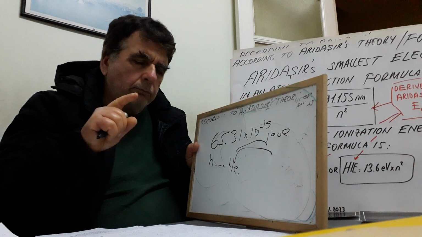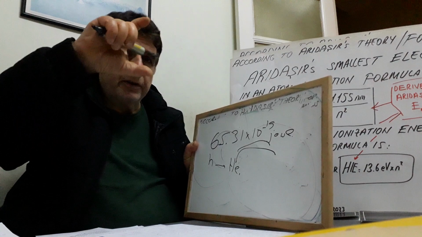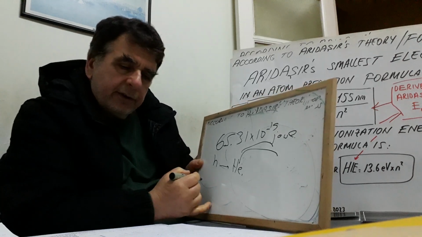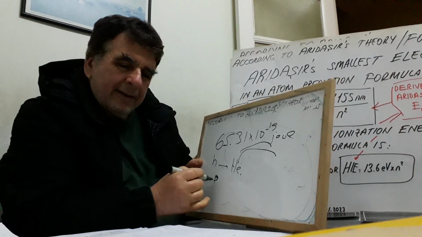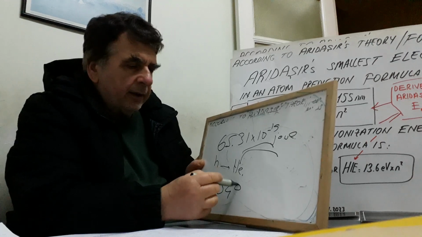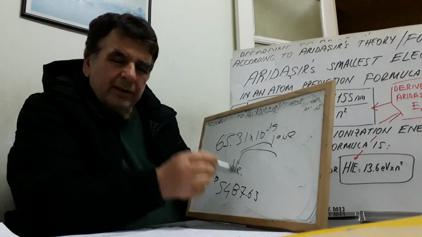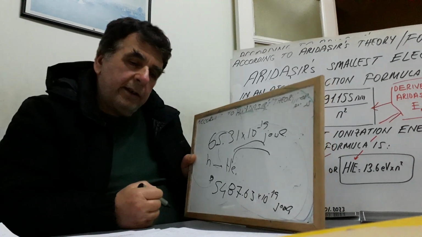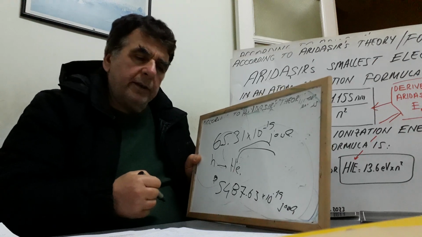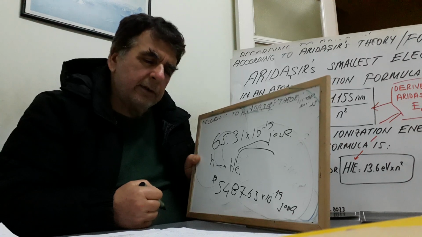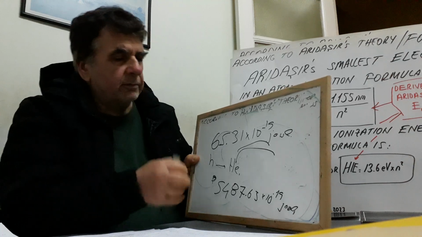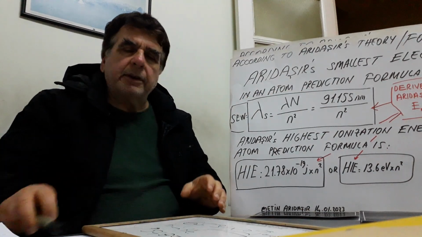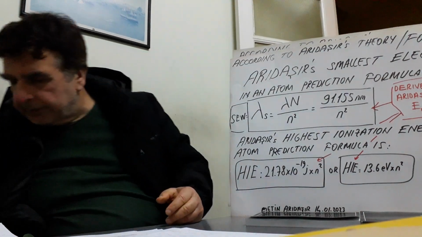From helium to oxygen shrinking, the single wave pulse energy pushed out while shrinking is 5,487.63 times 10 to the minus 19 joule. Okay, I don't want to confuse now. I will explain these numbers and my formulas next.